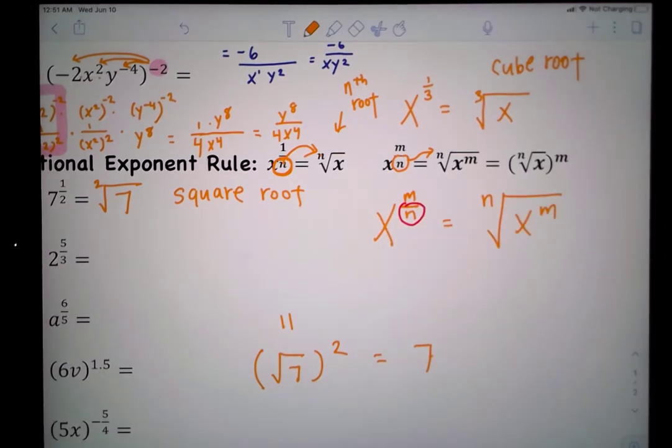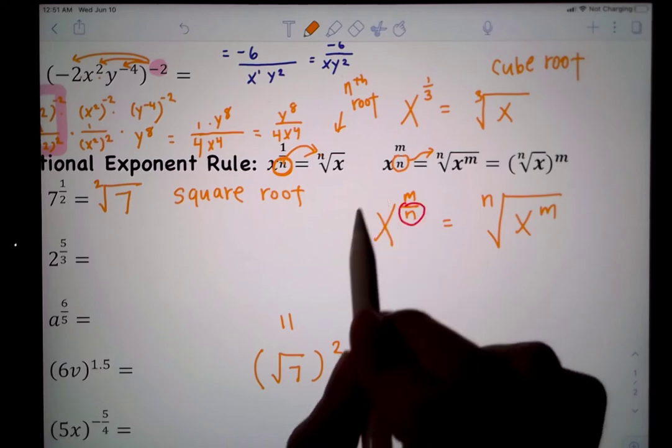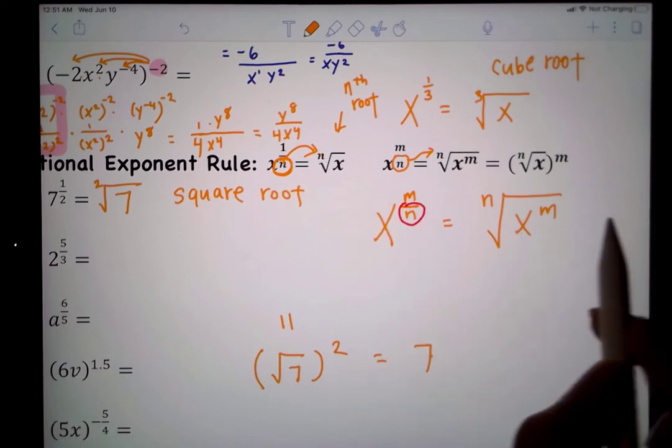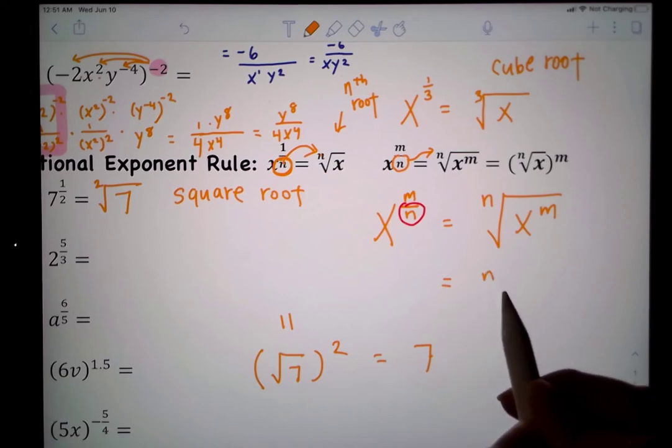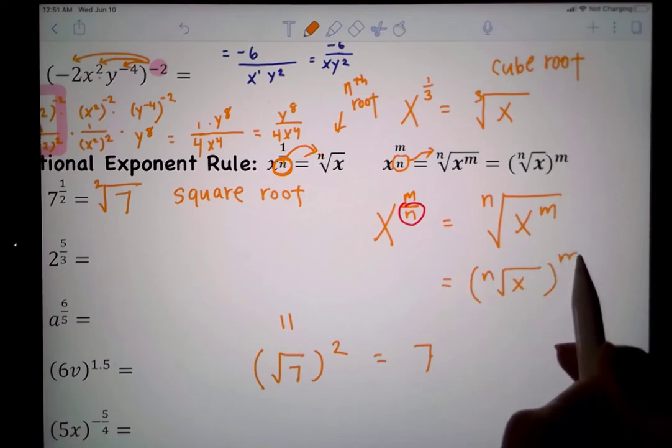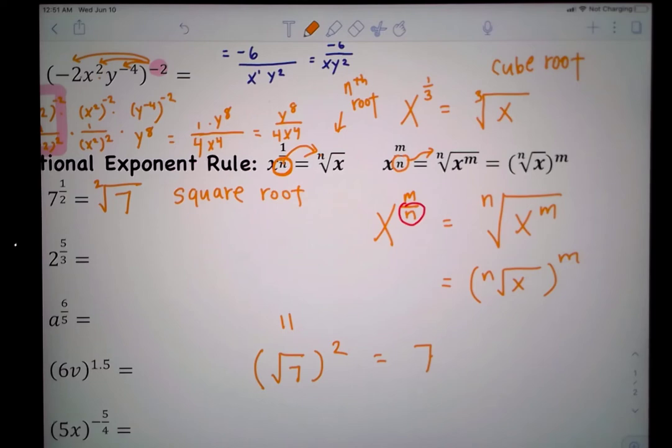That's your leftover, right? So you can write it like that. And also this m power, you can write it like this: n-th root of x to the m power, or the n-th root of x, to the m power. That's fine. That's the same thing. Okay?